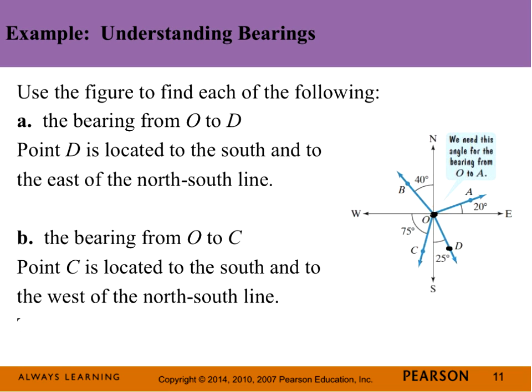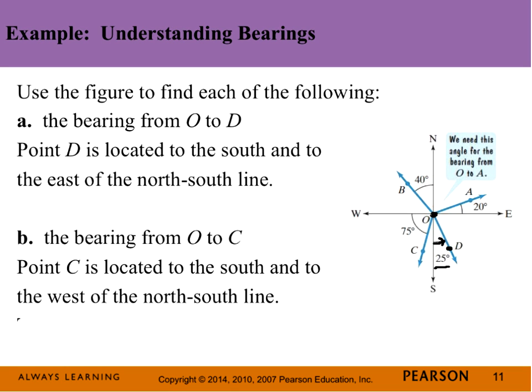So the bearing from O to D: point D is located to the south and to the east of the north-south line. The angle I'll be using is, of course, the one measured from the north-south line, so that's the 25-degree angle.